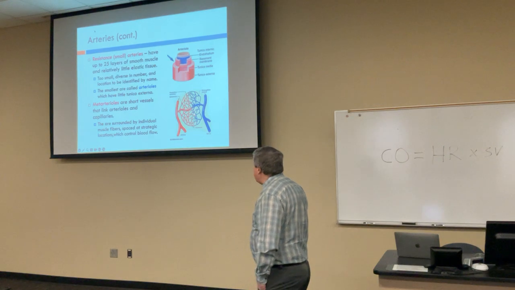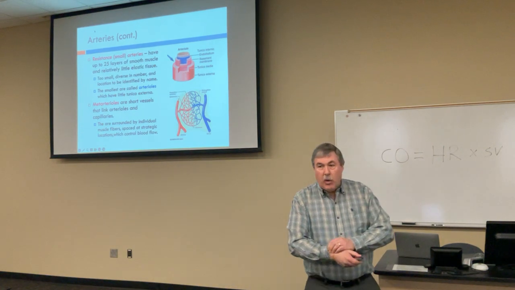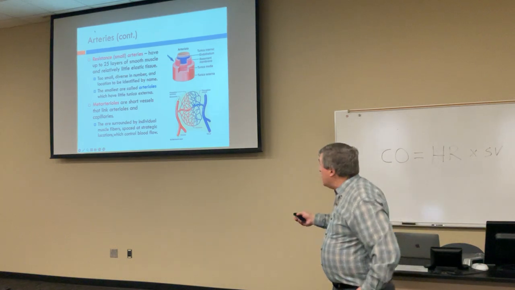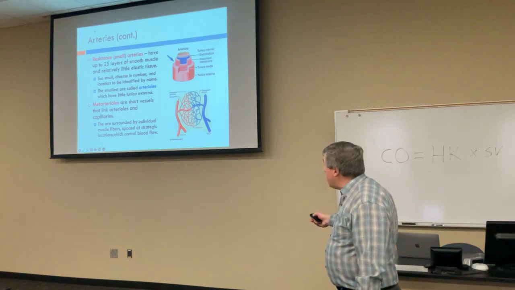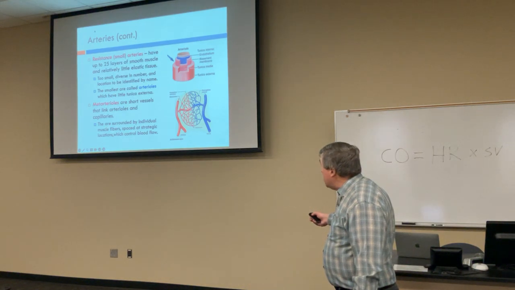So this happens, like in your skin, when your skin is exposed to cold. There are small smooth muscle fibers that surround the capillaries that are supplied by the metarteriole.